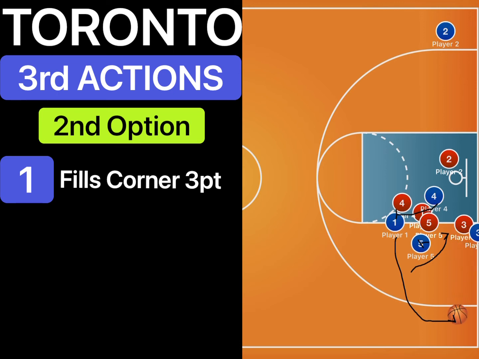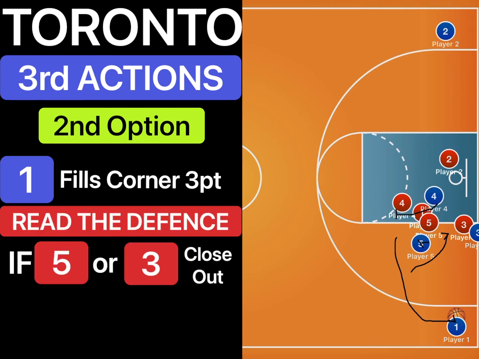And that ball might come here as one is filling for that shot. It doesn't matter who, but maybe five has to come out and contest, or maybe three has to come out and contest. If it's five that contests, because remember, one's check is not going to be in a position to contest, and four probably got screened and got swam with a good swim move well enough that they're stuck inside.